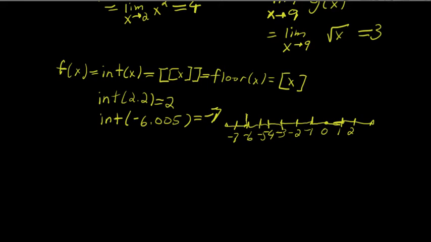Because -6 is bigger than -6.005, as -7 is still less than -6.005. Smaller or to the left on the number line are equivalent terms.